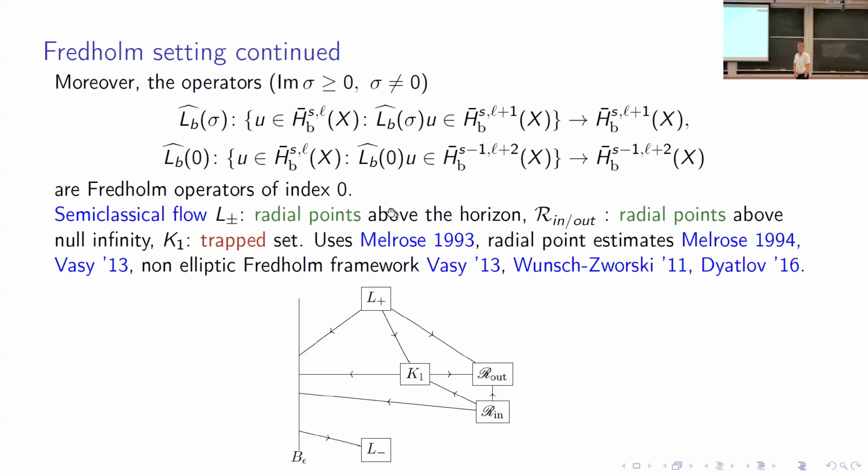This is a picture of the Hamiltonian flow in a Kerr spacetime. These are points above the horizon, with A minus, A plus, and these are radial points.